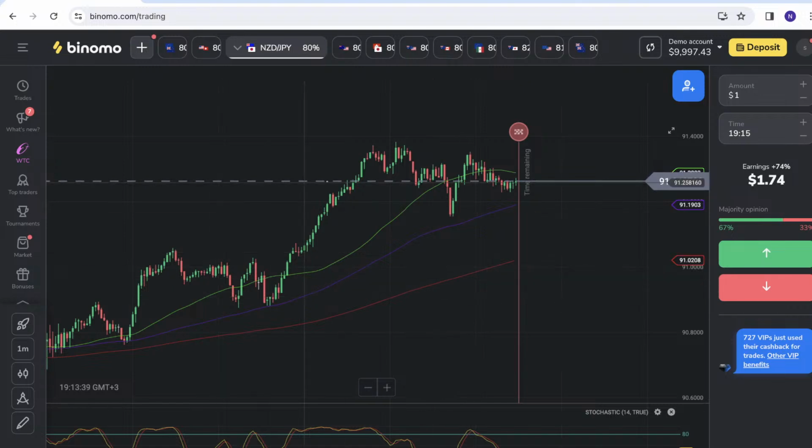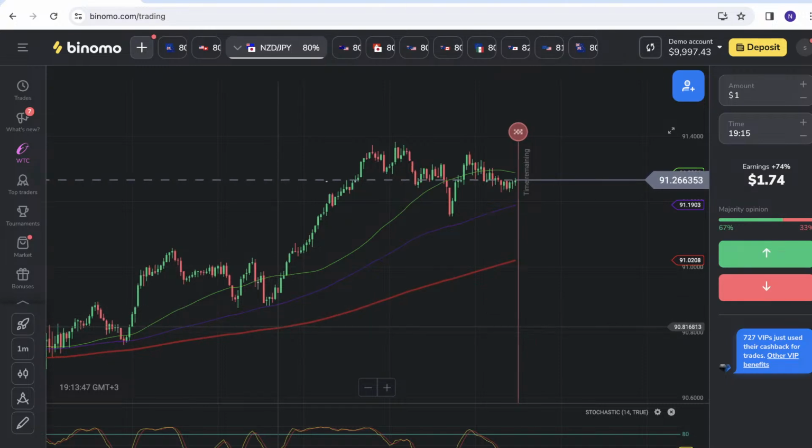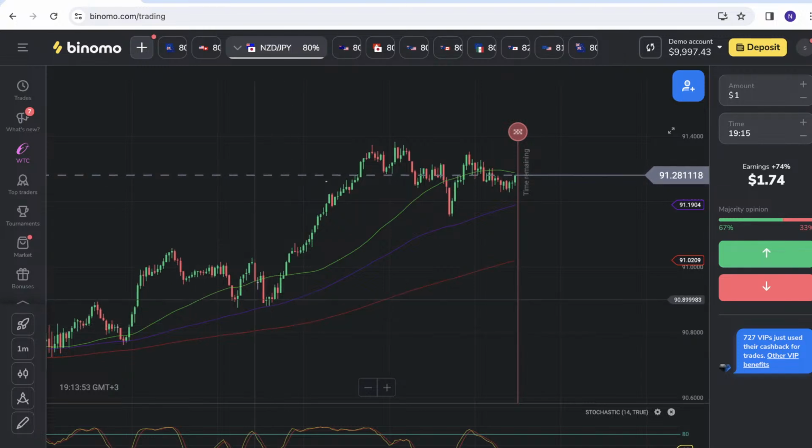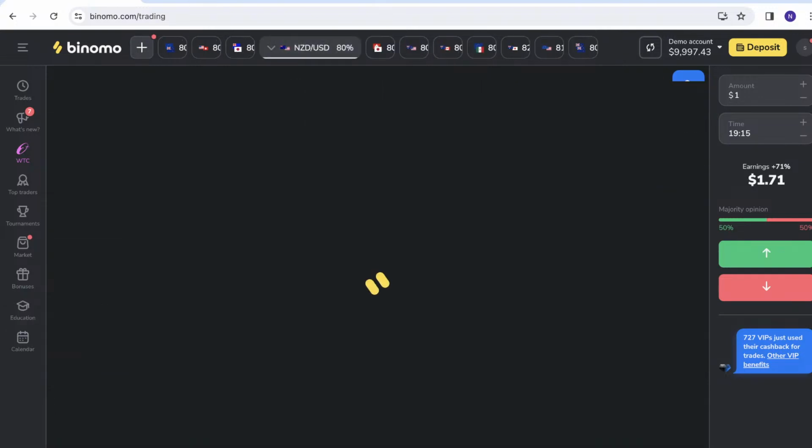Price was testing the 50 period simple moving average at first, then a second time, but the third time price did not go down. So as we can see, these support and resistance lines are working very well. Let me search for other good signals.